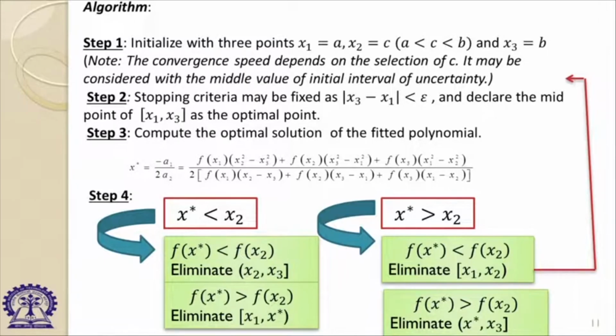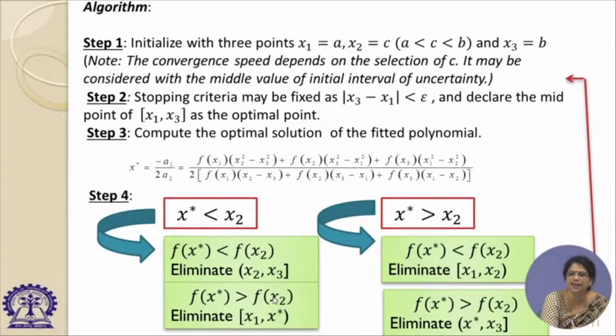That is why the function must be unimodal first of all, only then this works, otherwise not. And if f(x star) is greater than f(x2), very easily we can say there is no minimum in between x1 and x star, we can eliminate that region. And similarly for the other two cases, if x star is greater than x2, but f(x star) is lesser than f(x2), there is no minimum in between x1 and x2, we can just eliminate that.